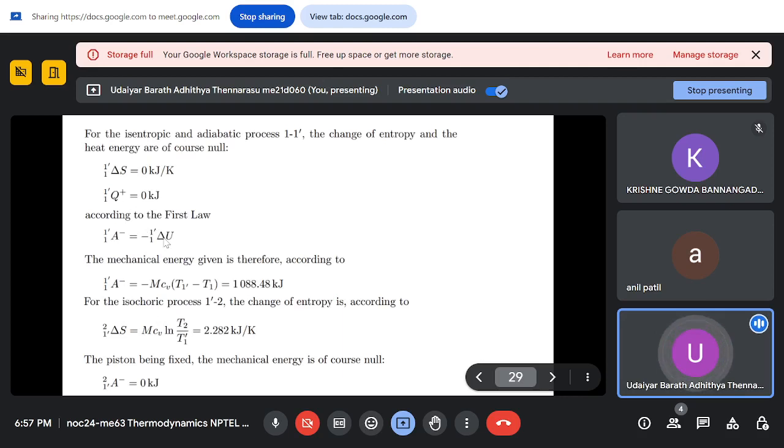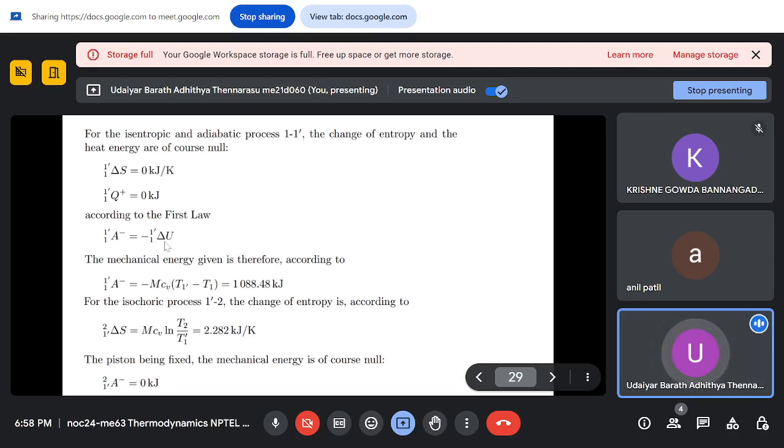The next is process 1 to 1 dash, which is an adiabatic process. It is a reversible adiabatic, so the change in entropy is 0, and Q will also be 0. From the first law, the work done, represented as A here instead of W, is equal to the change in internal energy across state 1 and 1 dash.